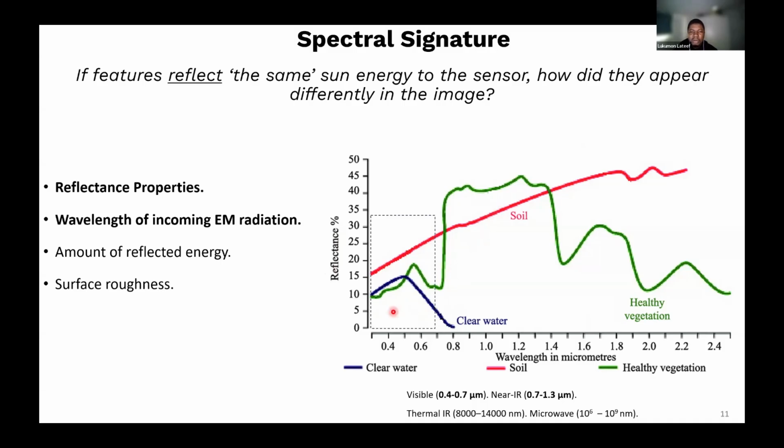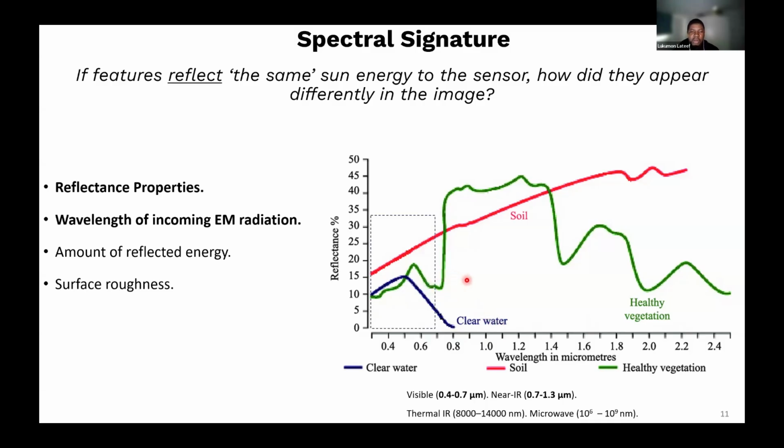Water mostly reflects the blue portion of the electromagnetic radiation and absorbs the green and the red part of the radiation. And as the wavelength increases, from infrared upward, water doesn't reflect these wavelengths, so it absorbs them. And when a feature absorbs the radiation, it appears dark in an image.